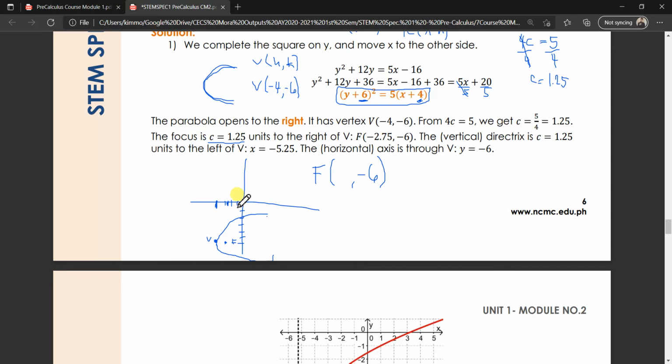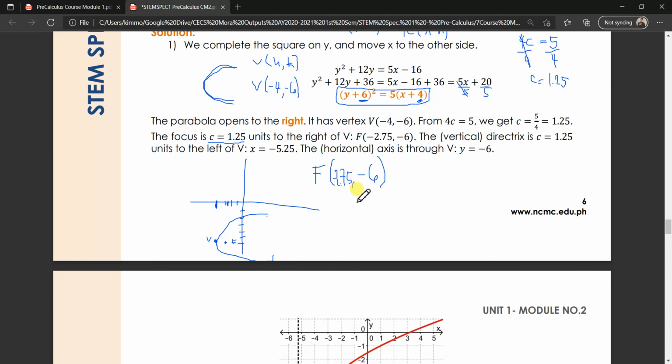If this is negative 1, negative 2, then this is 0.75, right? Because this is 0.25, then this is 1. So 1 and 0.25. So our x-coordinate is equal to negative 2.75.